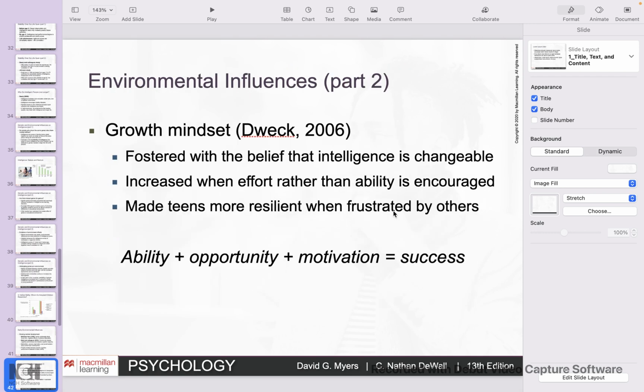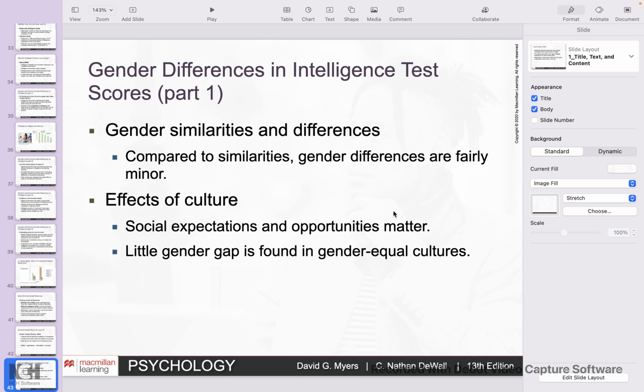Let's talk about gender. You might be wondering how gender fits into all this. Well, there do seem to be some gender similarities and differences. Compared to the similarities, gender differences are fairly minor. We see very small differences between boys and girls, which is unlike what folks normally think, that males tend to be better in math and females better in the arts.